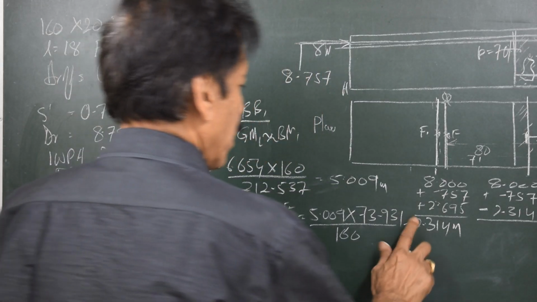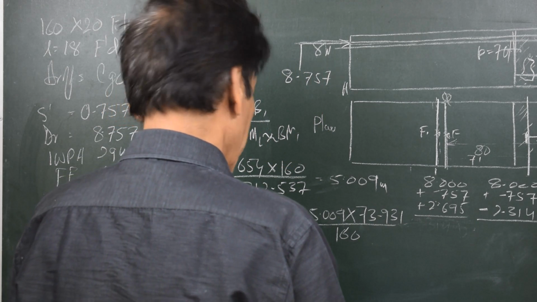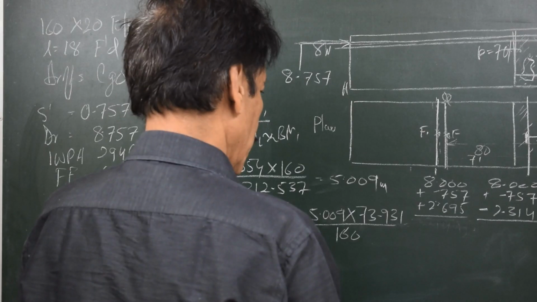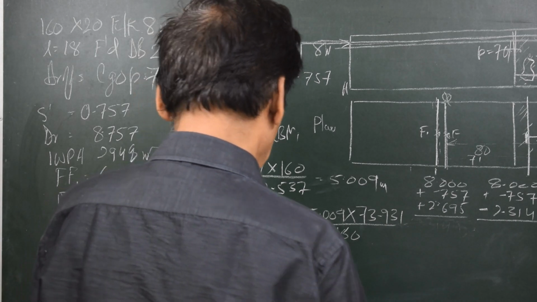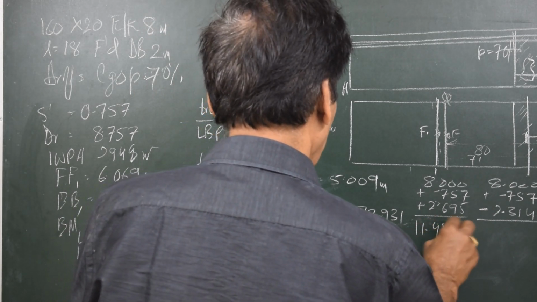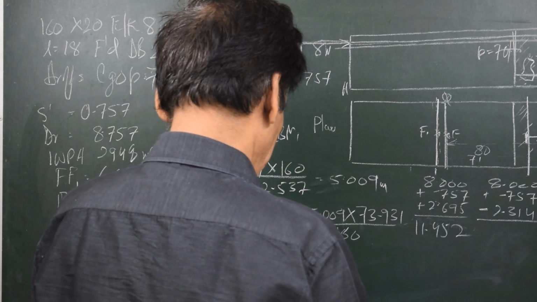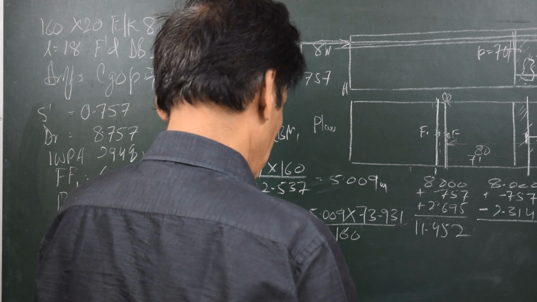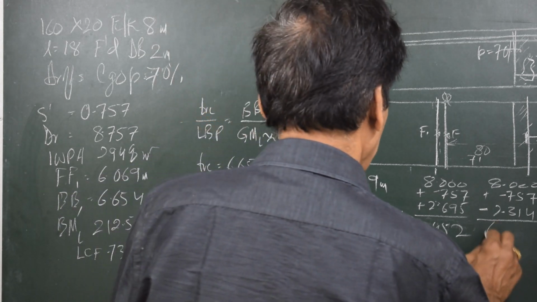So I have the forward draft as 8.757 plus 2.695, which gives me 11.452, and the after draft 8.757 minus 2.314 gives me 6.443.